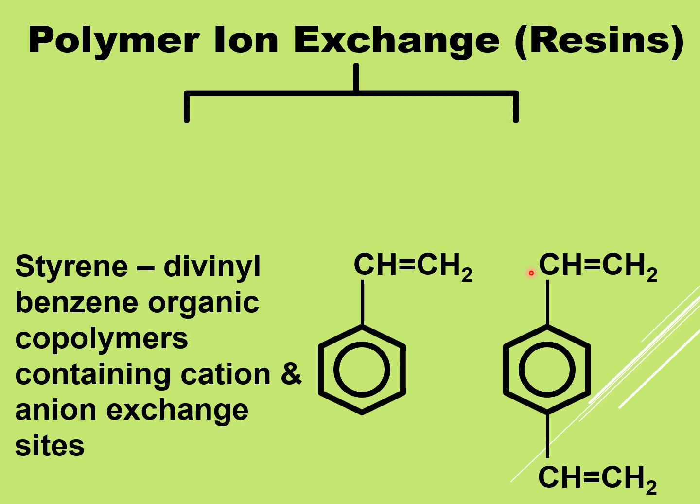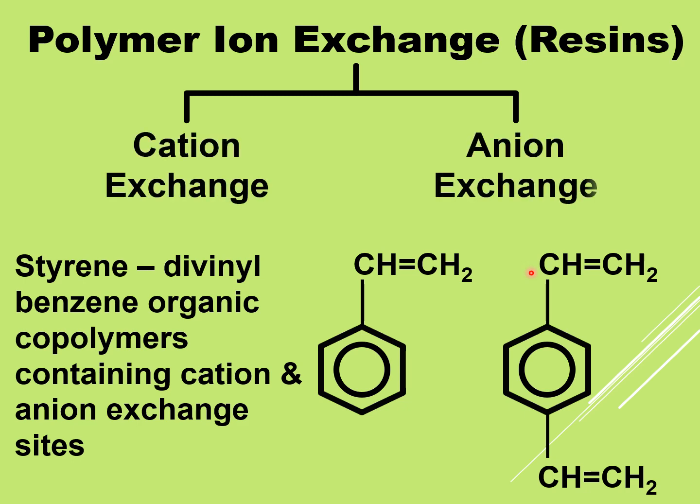There are two types of ion exchange resins. One is called cation exchange resin, the other is called anion exchange resin. So cation exchange resins, they will take up the cations and they will release H plus ions. Anion exchange resins will take up the anions and release OH minus ions.